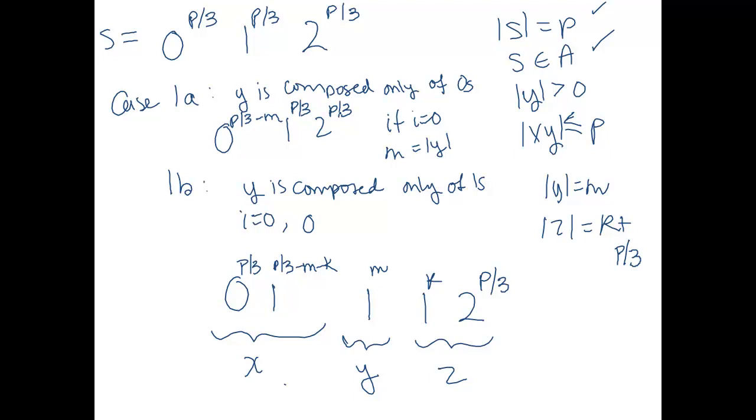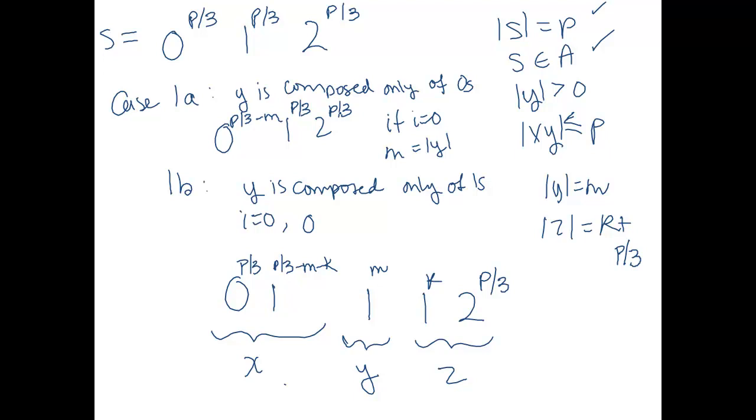Okay, so back to case 1b. y is composed only of ones. I'm going to set i equals 0, so I'm effectively removing the y piece. And then what do I end up with?